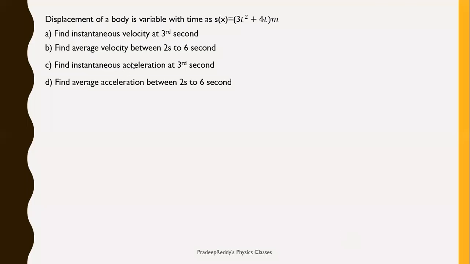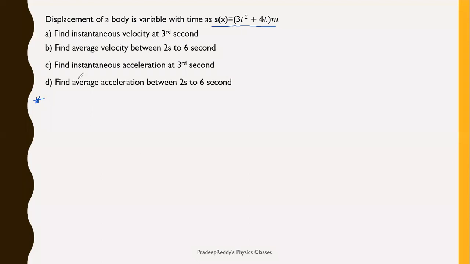Coming to this problem, we have the displacement of a body, which varies with time, as s of x is equal to 3t square plus 4t meter. What is given to you? Displacement is variable and this is a function.